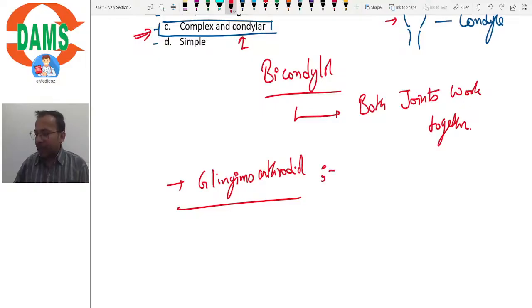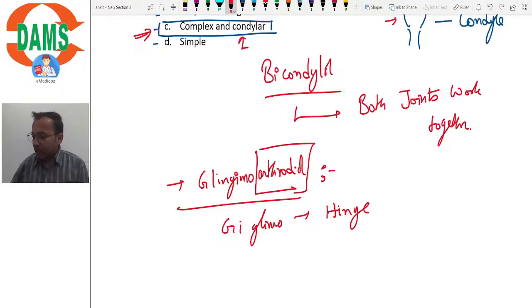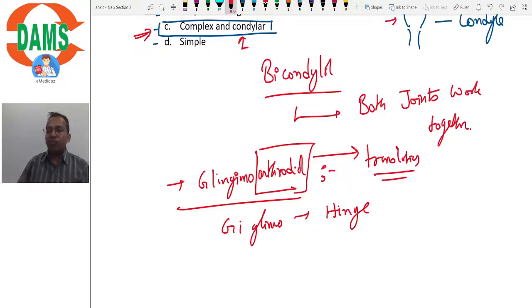What does ginglymoarthrodial mean? It has two components: ginglymo, which pertains to its hinge-like movement, and arthrodial for its translation, that is the sliding movement of the TMJ, right?